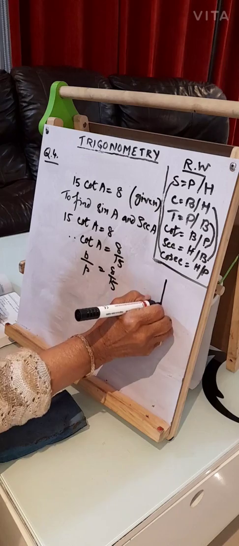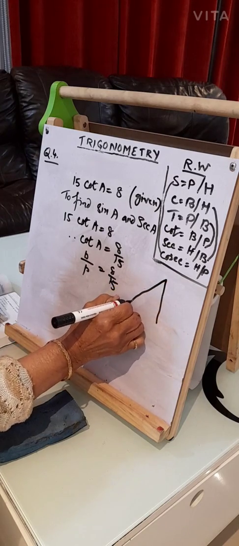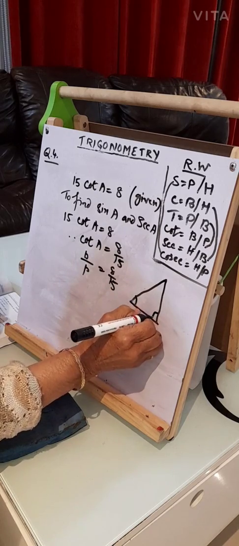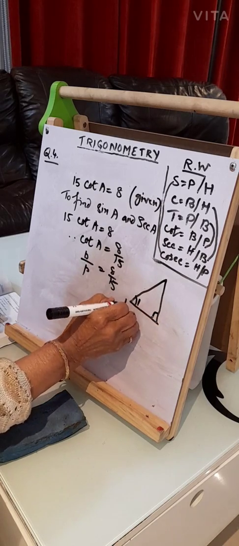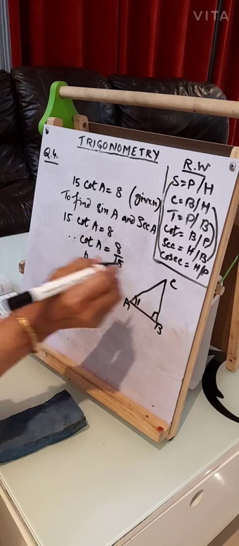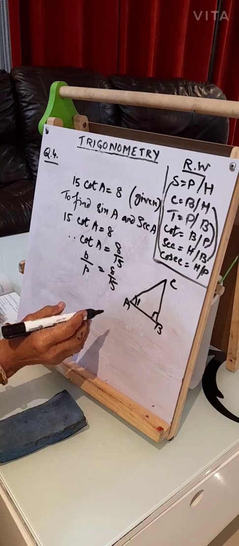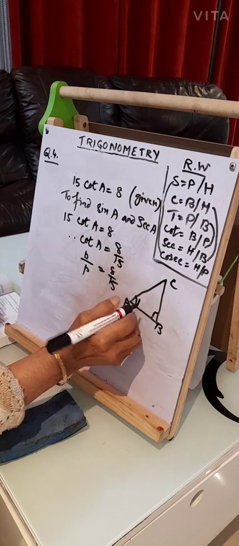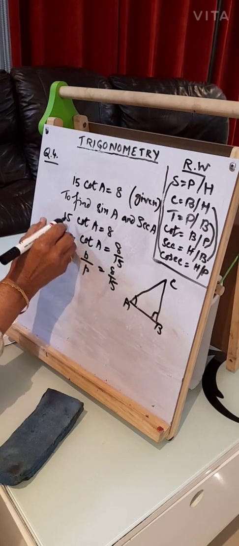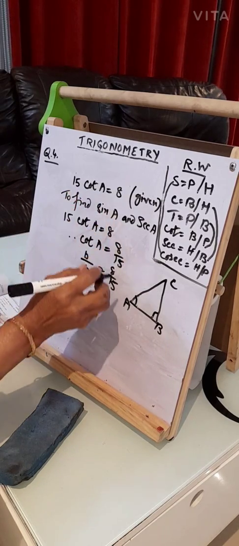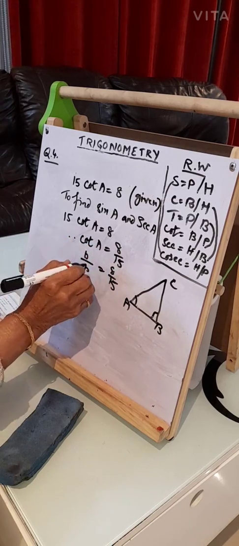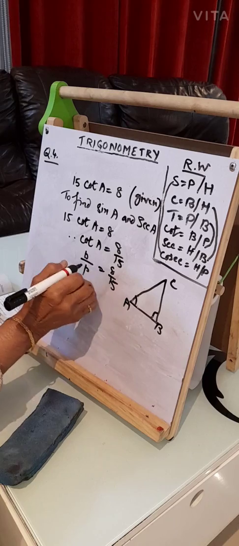So let me take one right triangle, right angled at B and acute angle as A. ABC I have taken right angled at B and point A I have taken as A. So it is given 15 cot A is equal to 8. Therefore cot A is equal to 8 over 15. B over P is equal to 8 over 15.